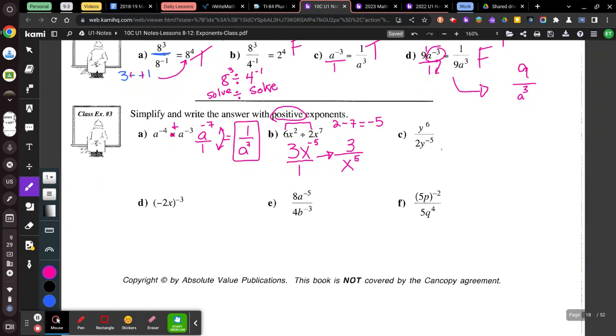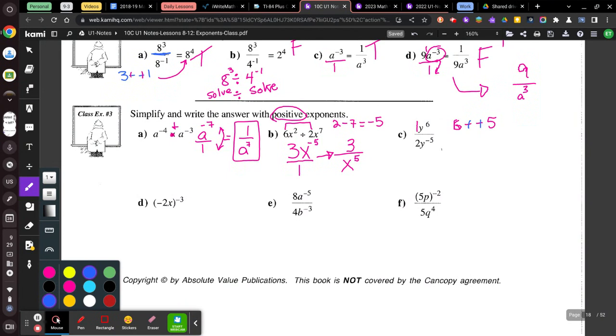This one has a hidden 1 in front of it, so you've actually got a coefficient of a fraction, 1 over 2. That's your actual coefficient. So I'm going to subtract my y's. I get 6 subtract negative 5. Double negation in the middle, so that means they turn positive.